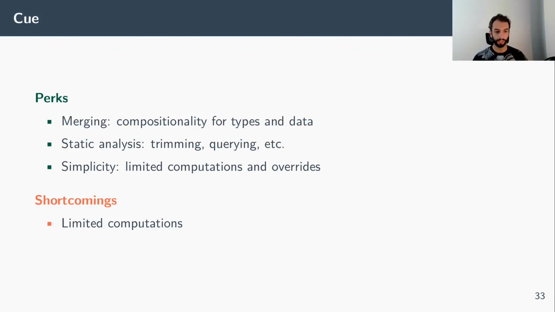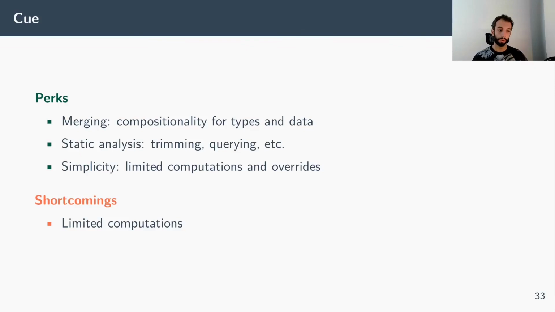So you can do static analysis, you can do trimming, which removes duplicated constraints, querying that gives you an example of a value that satisfies a type, and so on. And it's also interesting in its simplicity because of the limited computation and override, which is the fact of taking a computation and redefining some part of it, which makes it more readable, for example, for people that are not accustomed to general-purpose programming.